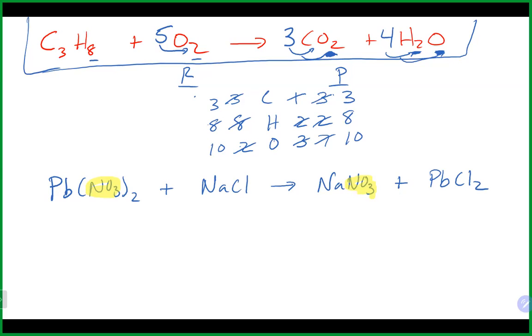A lot of times it's much easier to keep those things together than going individually element by element, because there are parentheses to multiply in, then multiply out, and all those kinds of things. So if you ever have a polyatomic ion looking exactly the same on both sides, that's the best place to start in terms of balancing it. And you would want to keep those together.